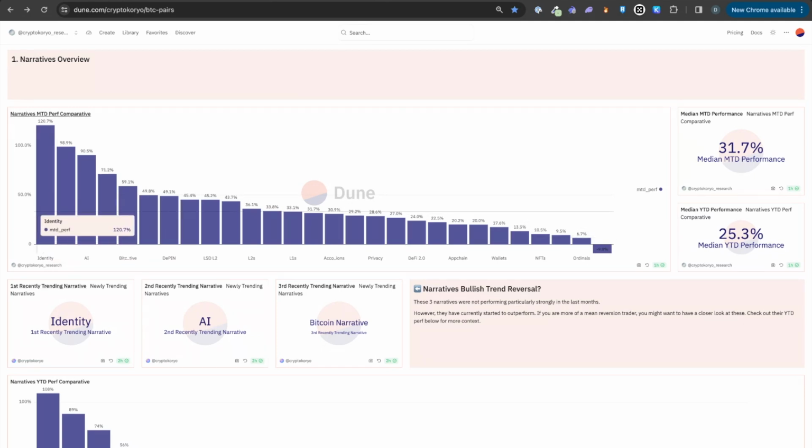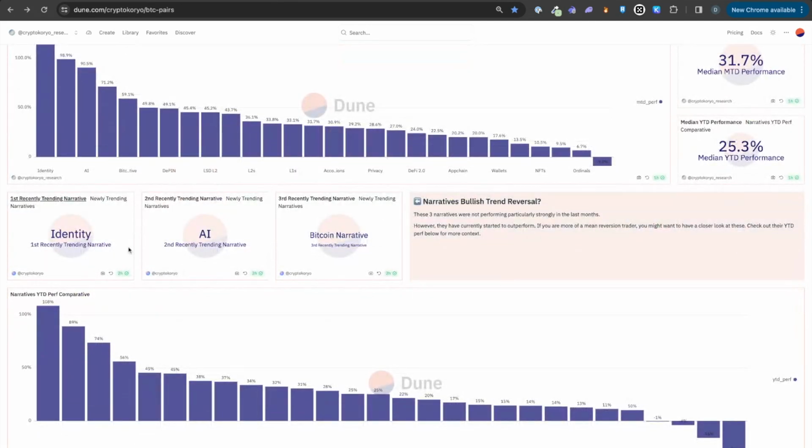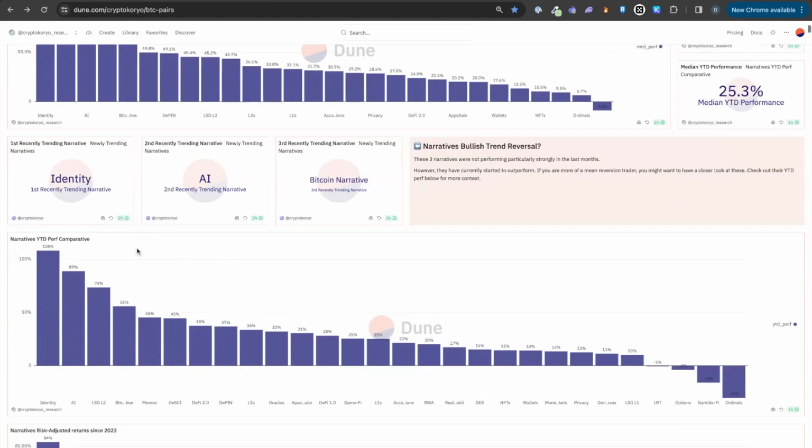The identity narrative was not always here. AI also, although it was mostly on the left side, was not always in third place, and also the Bitcoin narrative, right? The Bitcoin narrative is having a great time, and I am very bullish on it, but as I said, let's not talk about the specifics of narratives.